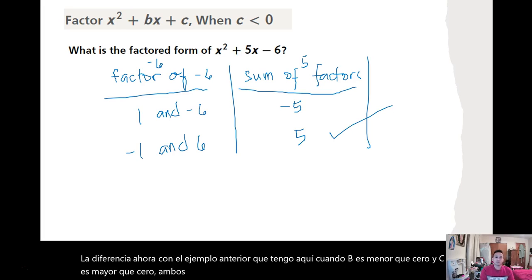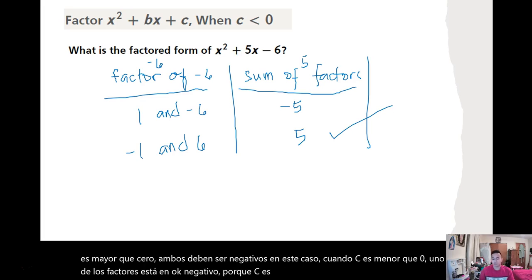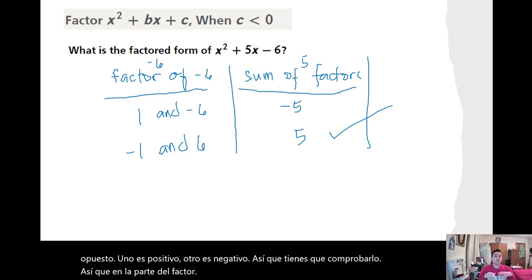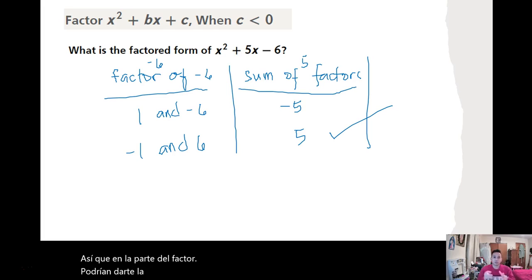In this instance, when c is less than 0, because c is negative, the factors will have opposite signs. One is positive, one is negative. So you have to check. In the factor part they might give you the same -6, but on the sum of the factors, they will give you different answers.